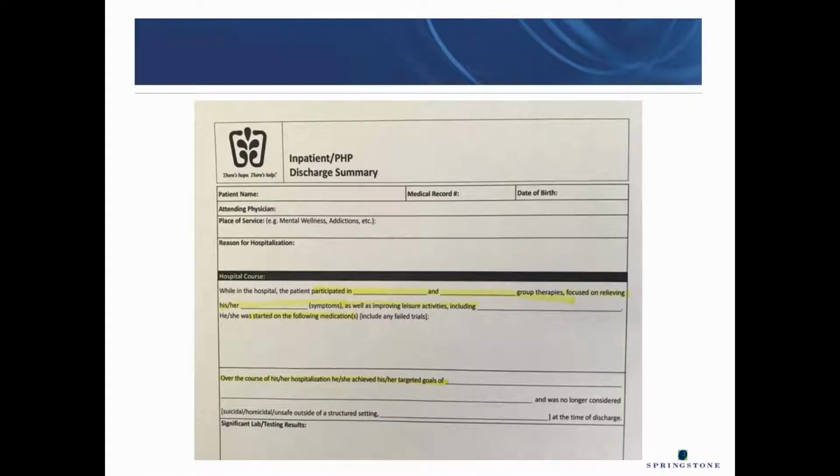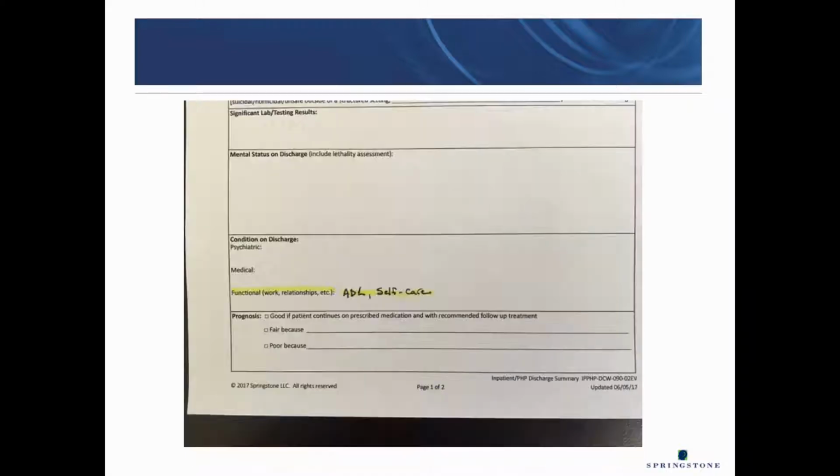This is the handwritten version of it. We need to include psychiatric, medical, and functional condition on discharge. And by functional, they are looking for something like, can they do their ADLs and self-care?